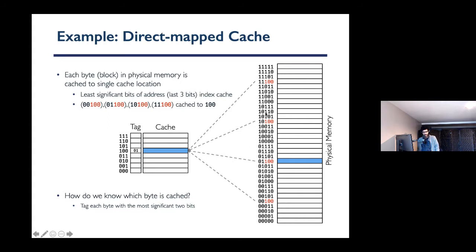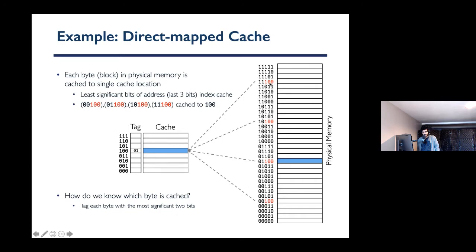The reason for that is, in direct map cache, each memory is only mapped to one cache block or one set. In this case, just one block. So as a result, I already know the last 3 bits in this example.